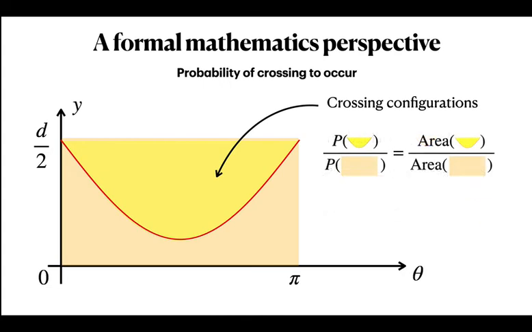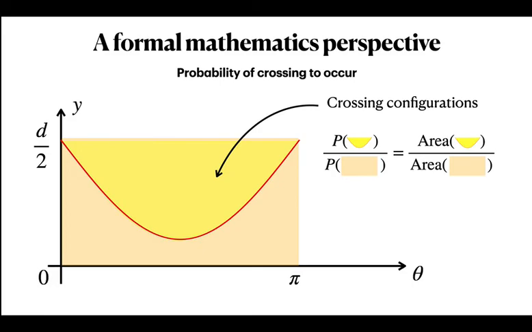So we are getting here that the ratio of the probability for the configuration to be in the yellow area, which is about crossing configuration, over the probability for anything to occur, any of the possible outcomes, is equal to the ratio of the corresponding areas.